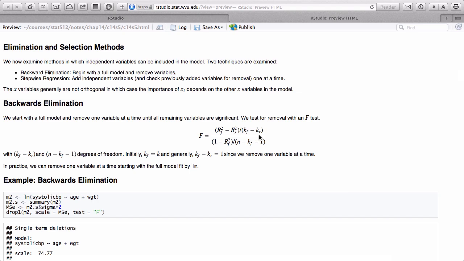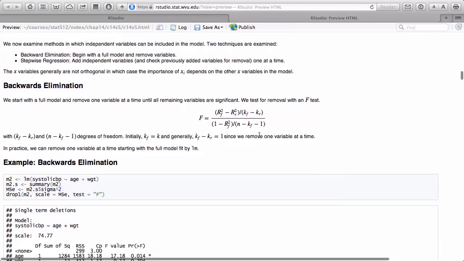So usually you just have the difference in R squared for the full versus reduced, and the reduced usually just has one less term than the full. And then I keep dropping back. That's divided by 1 minus R squared for the full model, which has n minus the degrees of freedom. That's like the error, sort of. That's n minus k sub f for the full minus 1. So that's the f-test we're going to use.